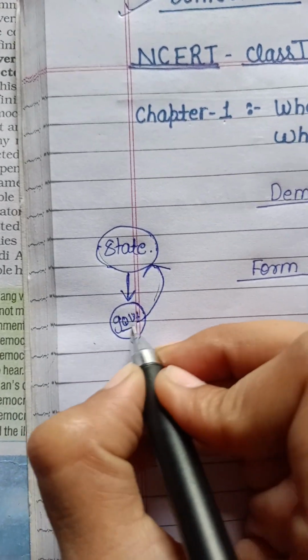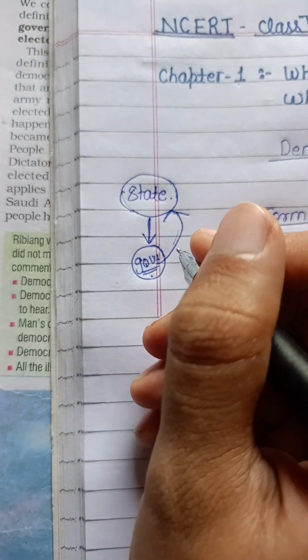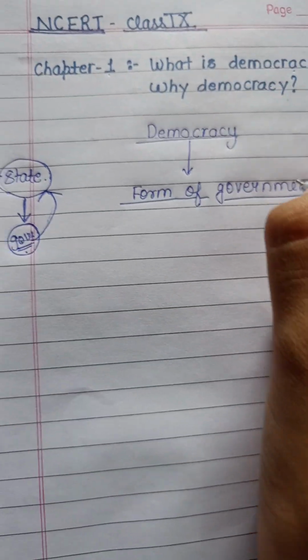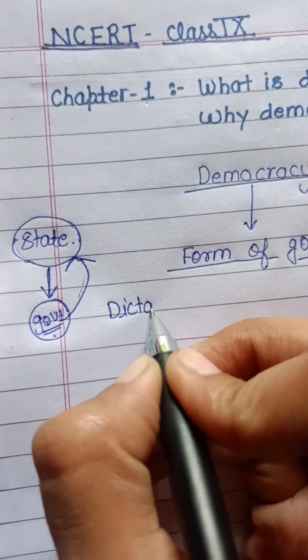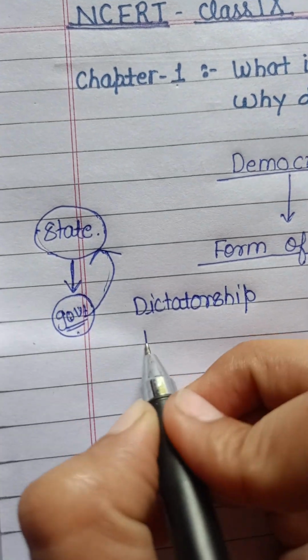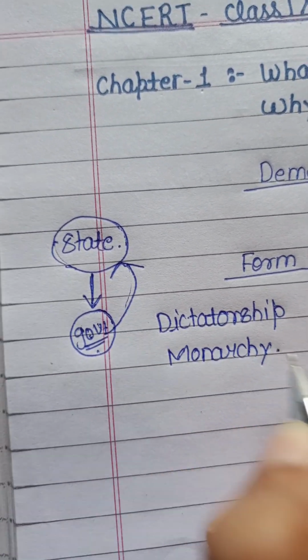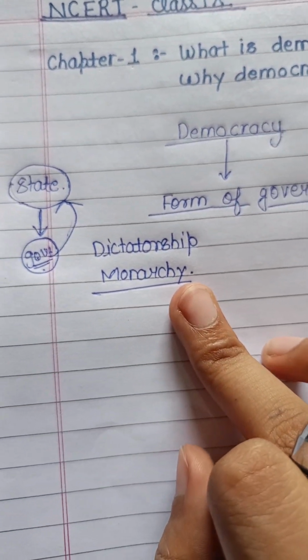Now there are various ways through which a government can be elected, or it can be hierarchical also. Other forms of government are like dictatorship, that is also one form of government. Monarchy is also one form of government. In monarchy, what happens? Suppose there is a king and a queen, they are the rulers of a state.